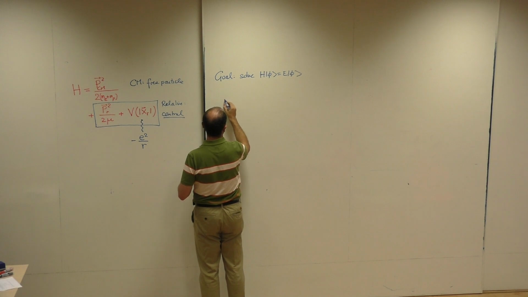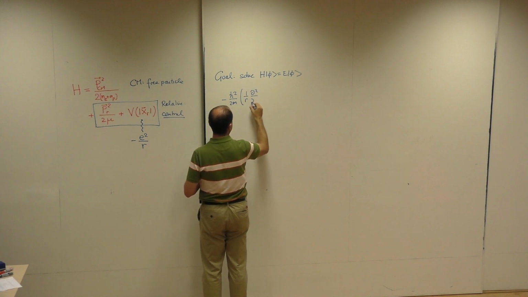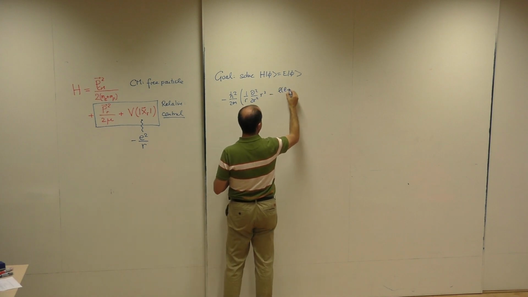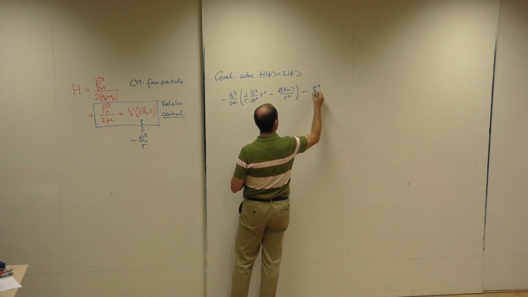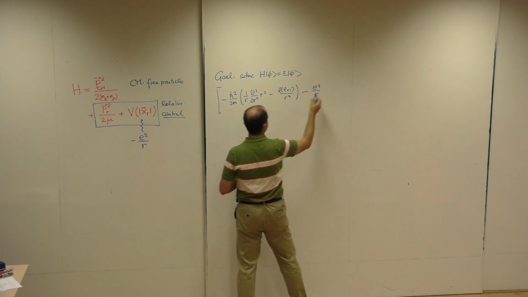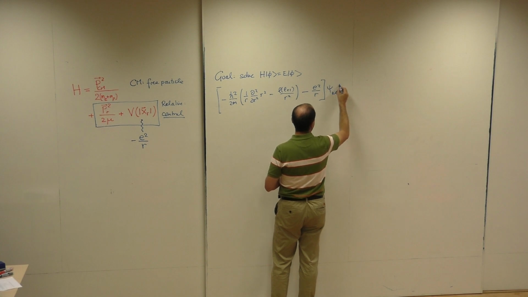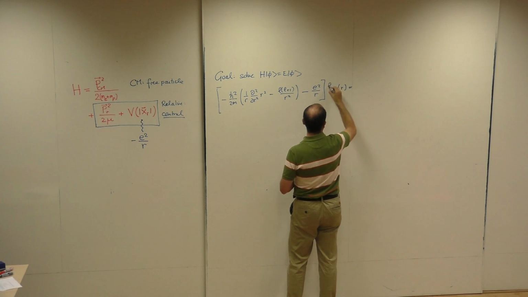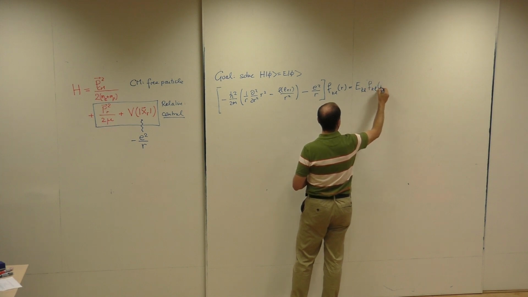So we're going to solve minus h bar square over 2m, 1 over r d over dr r square, minus l plus 1 over r square, minus e square over r, the whole thing, f for psi kl of r, let's call it f, is equal to e kl f kl of r.